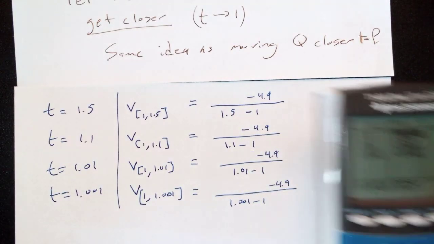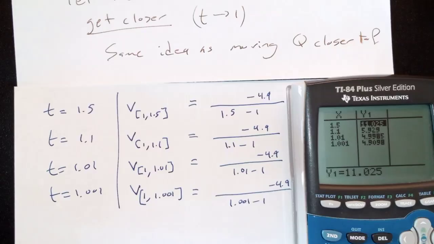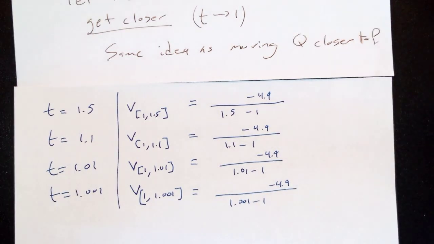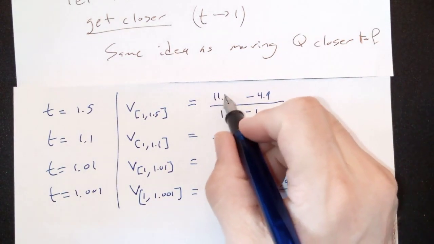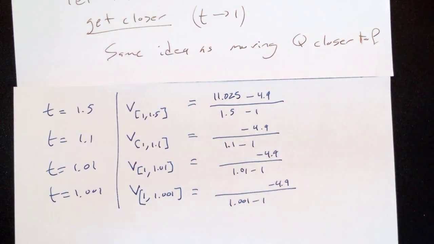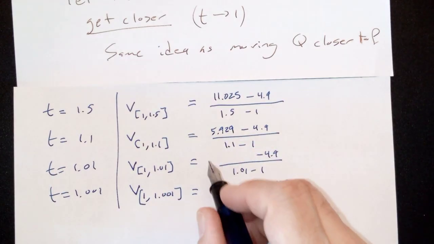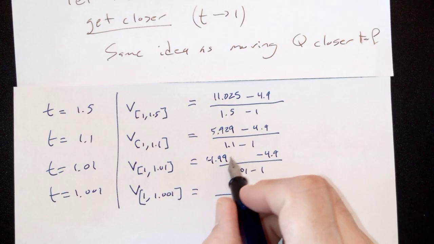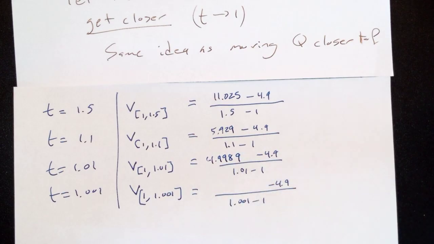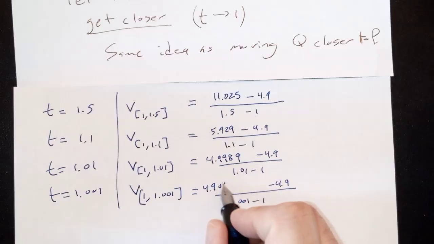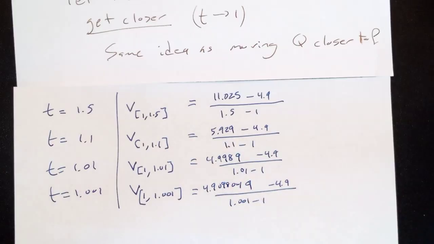So I put the equation 4.9t squared, well, 4.9x squared, into my calculator, and I can go through and get those numbers off the table. And I'm going to keep all the decimal places here.